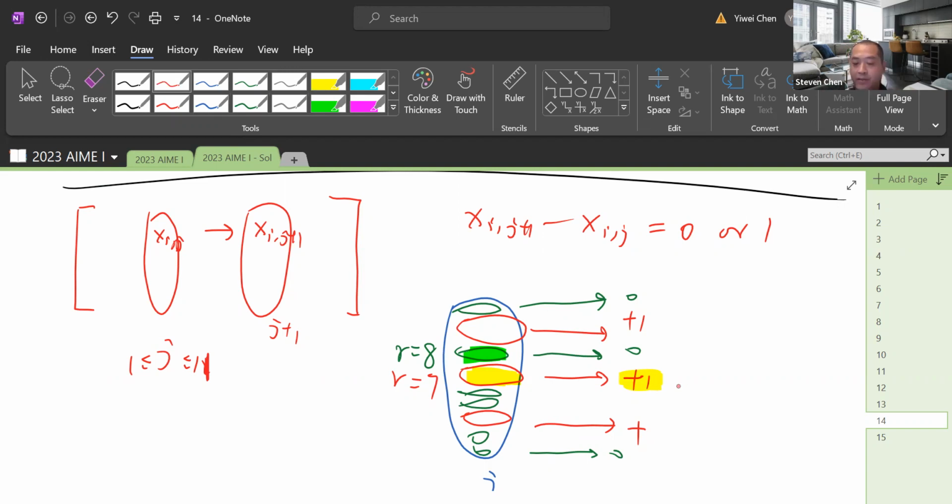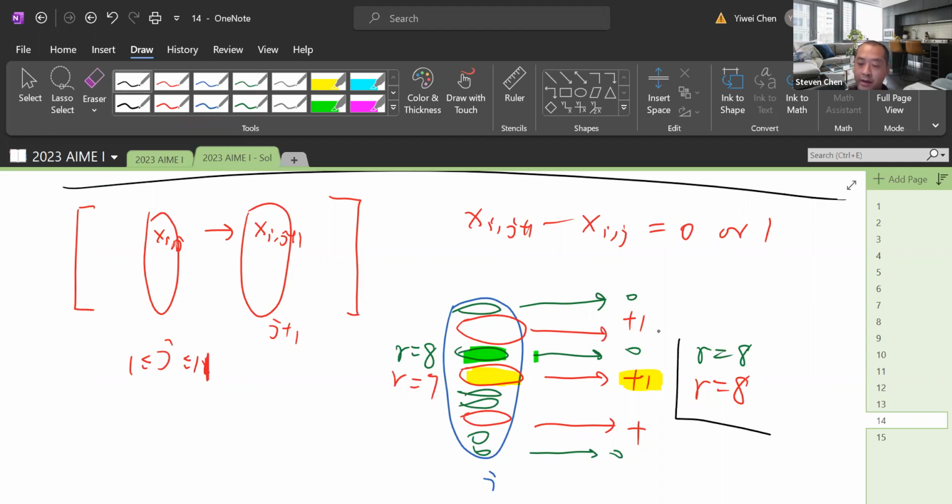So it's increased from 7 to 8. Then what about the green entry? Recall that its remainder divided by 12 is 8, but its value is not changed when we move to the J plus 1 column. So its remainder is still 8.